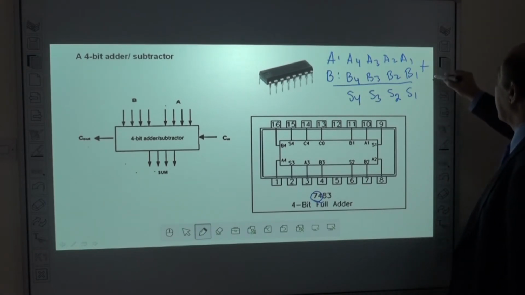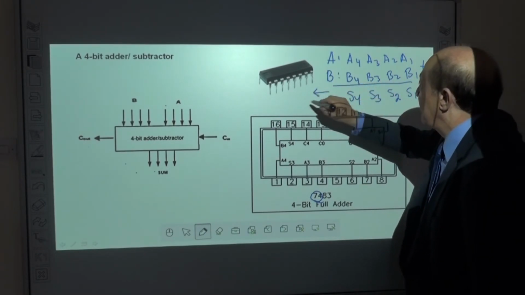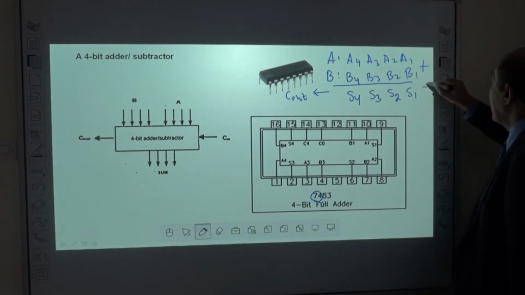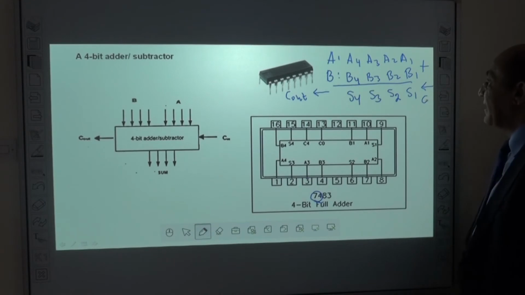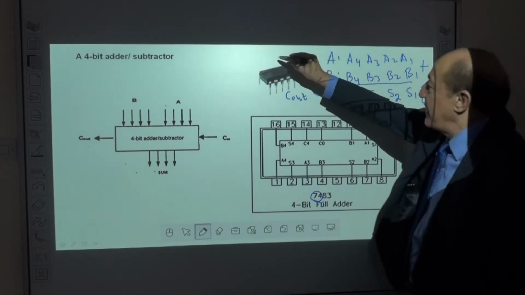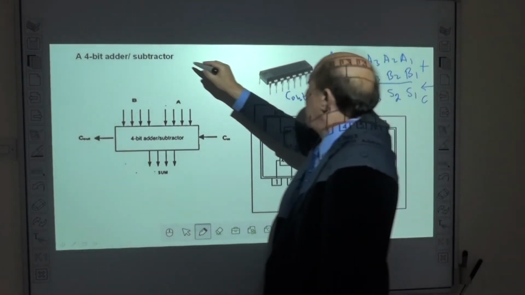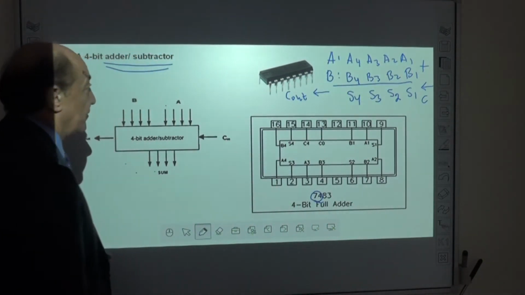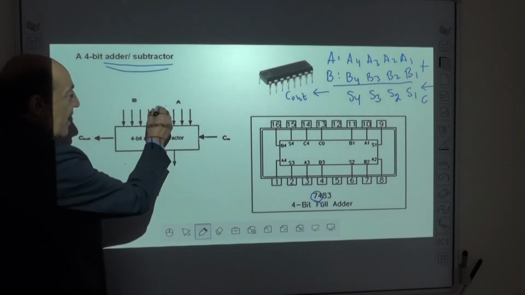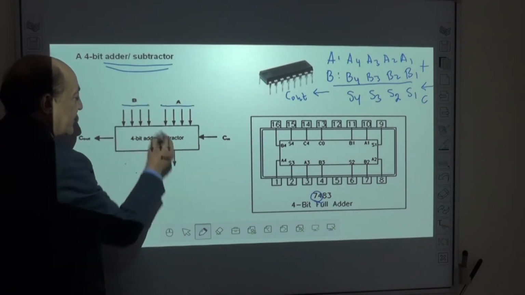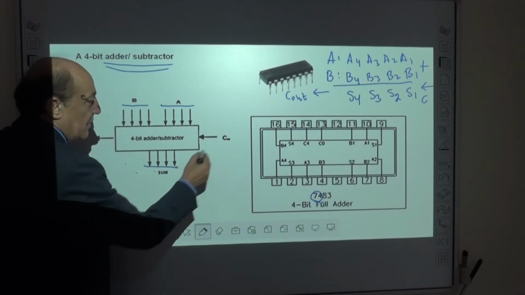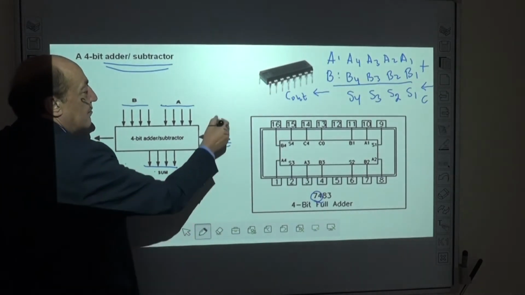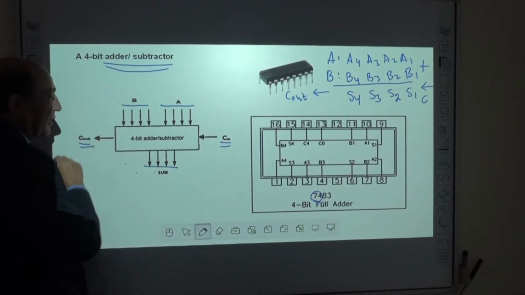There is a carry out and the carry in usually is a control signal because this IC is used as adder subtractor. This is A, 4 bits, B, 4 bits. This is the sum, the control C, and the carry out.